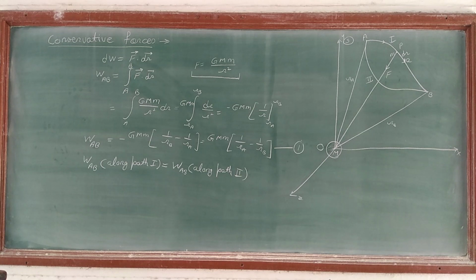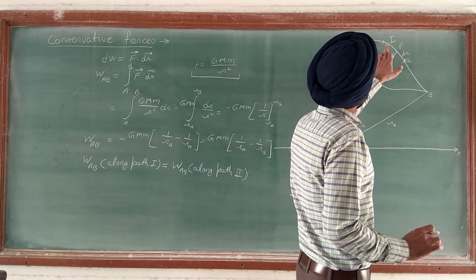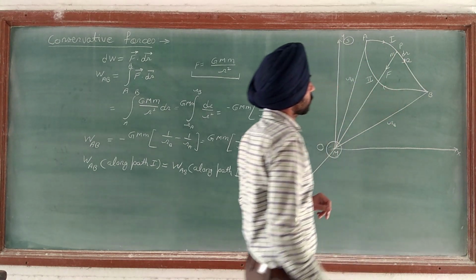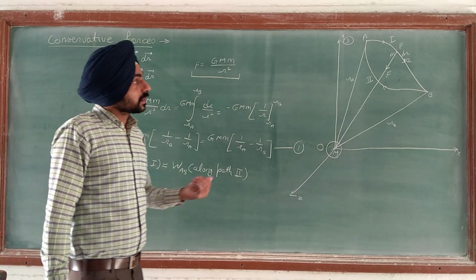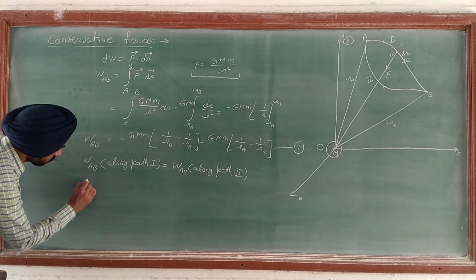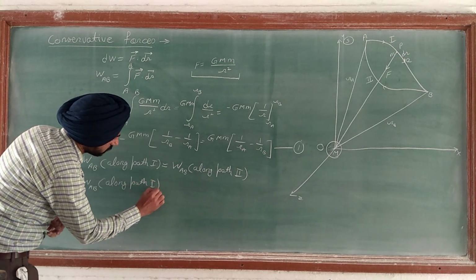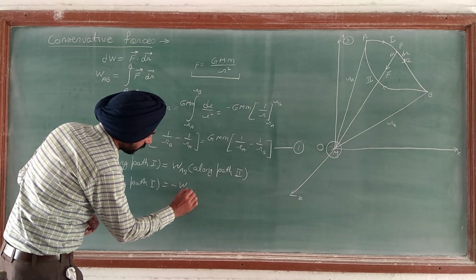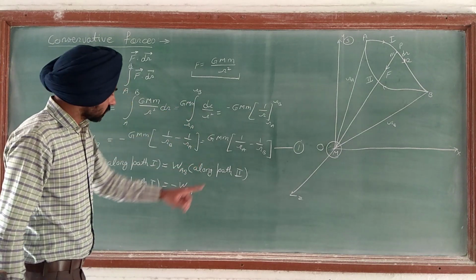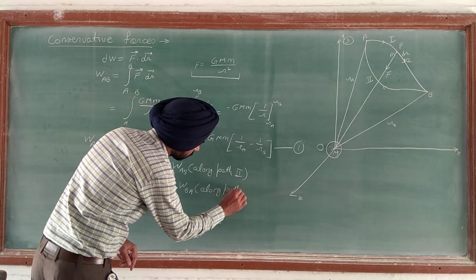Now, if the particle moves from point A to B along path 1 and from B to A along path 2, then the work done from B to A, with limits Rb to Ra, definitely carries a negative sign. So W_AB along path 1 is equal to minus W_BA along path 2.